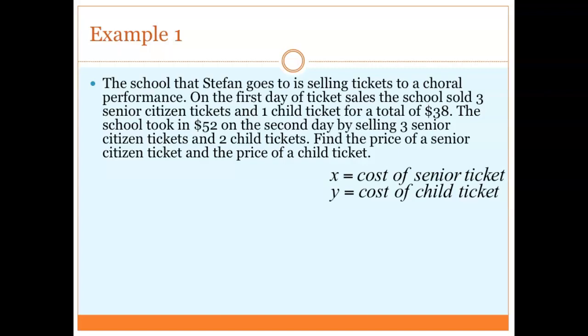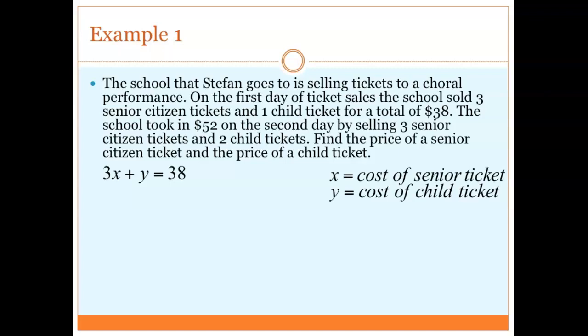And then, since y represents the cost of a child ticket and 1 of them was sold, 1 times y, or just y, would give the total that comes out from the sale of child tickets. And in total, 3x plus y together was equal to $38. So 3x plus y equals 38.